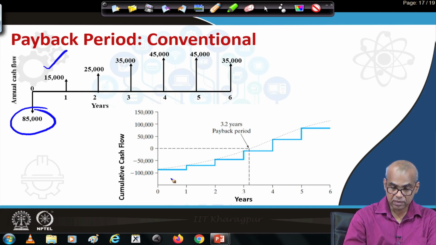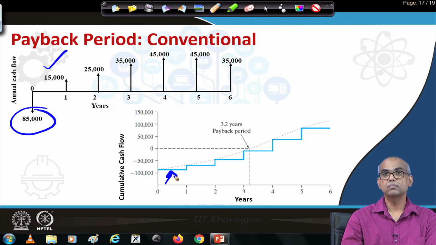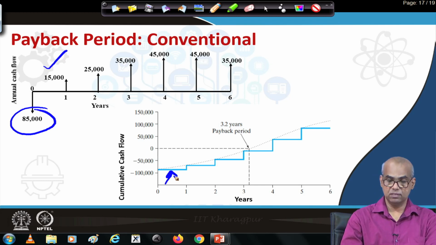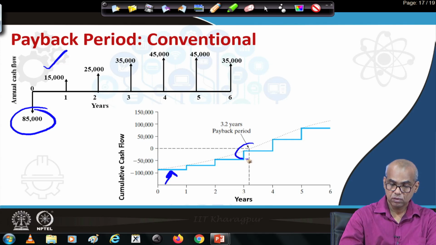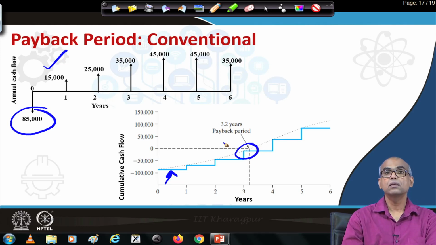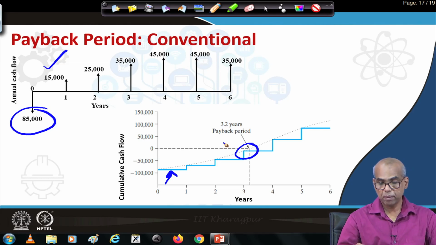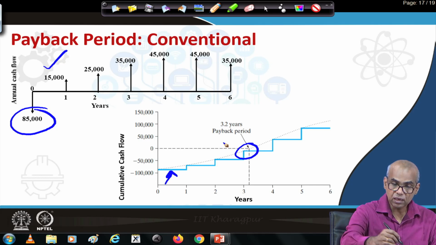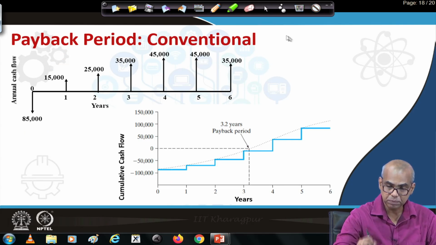So, this is minus 70,000. So, this way you draw the cumulative cash flow corresponding to different years, and then take the payback period where the cash flow becomes 0. So, you get the payback period is 3.2 years. This is simple or conventional payback period.